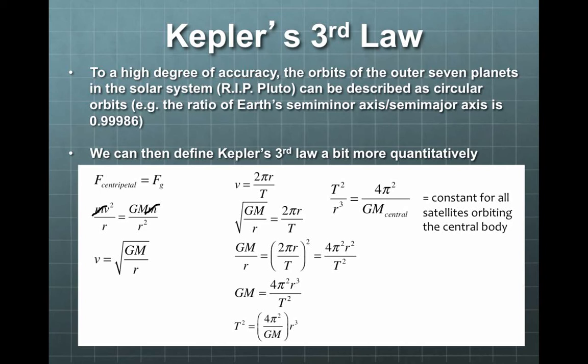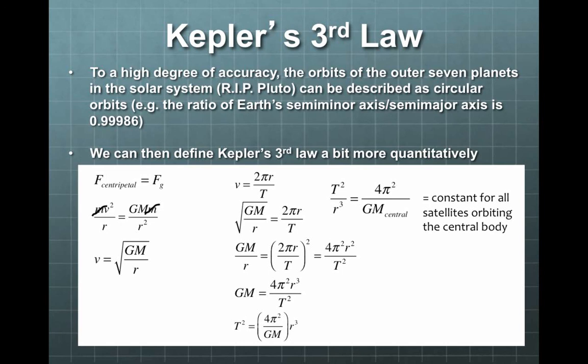etc. And so this relationship, Kepler's third law, will be used in our class in two major ways. From the first way, you can see that if you're given, for instance, the period of a satellite orbiting a central body and the radius of that same satellite orbiting that same central body, we could then solve for the mass of that central body.